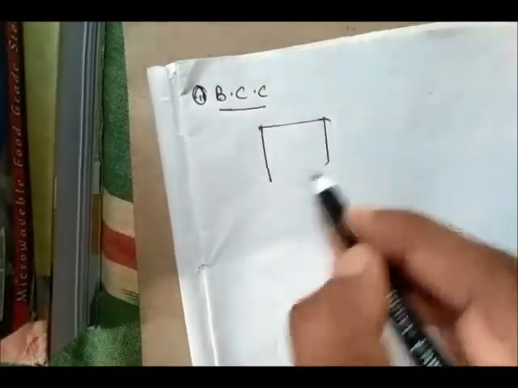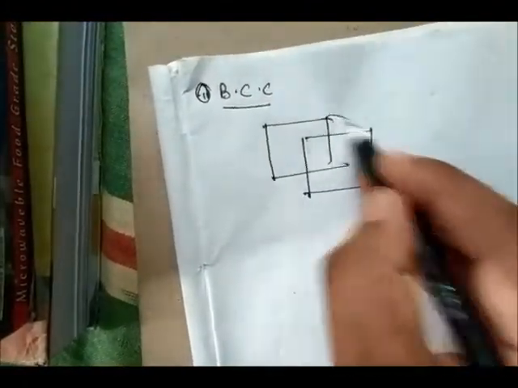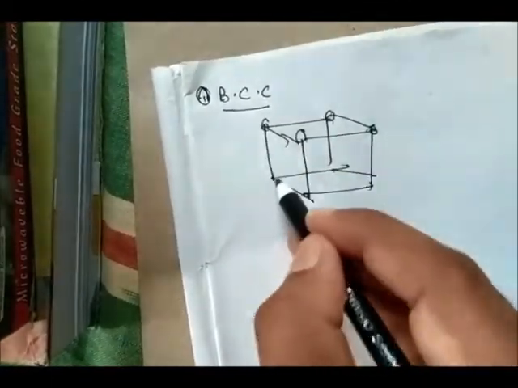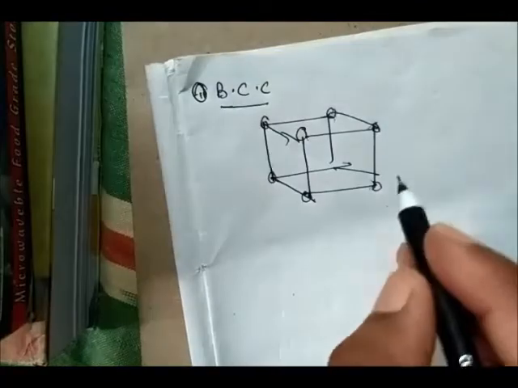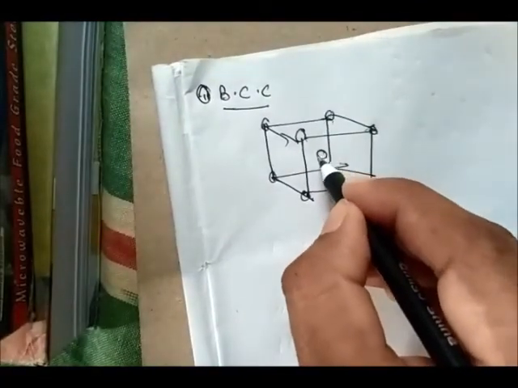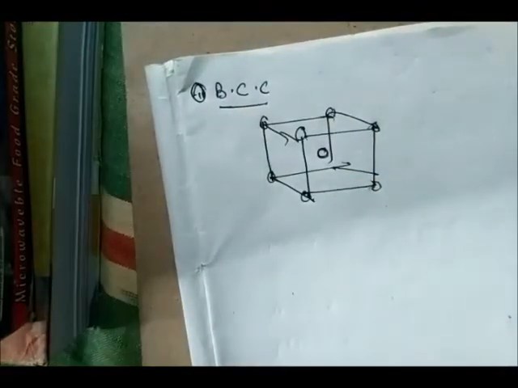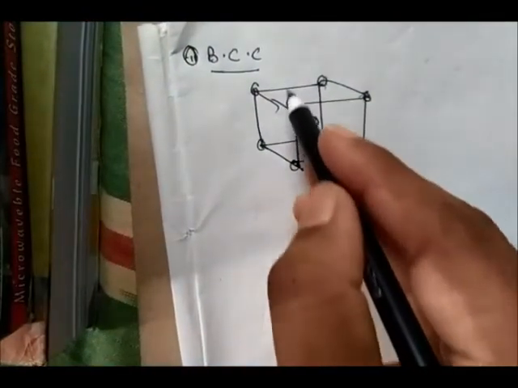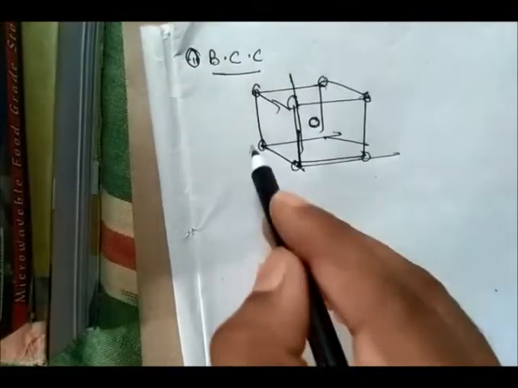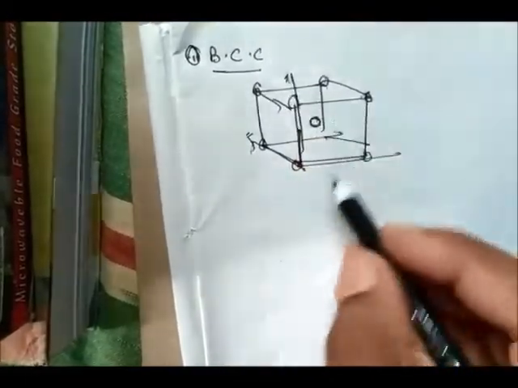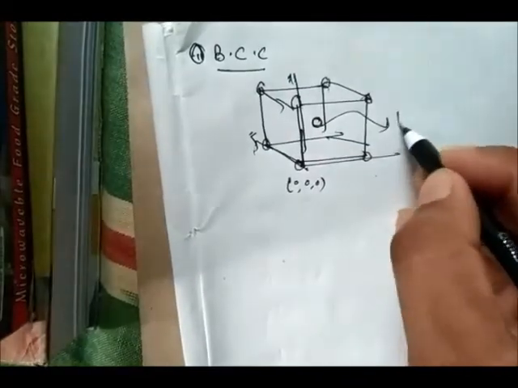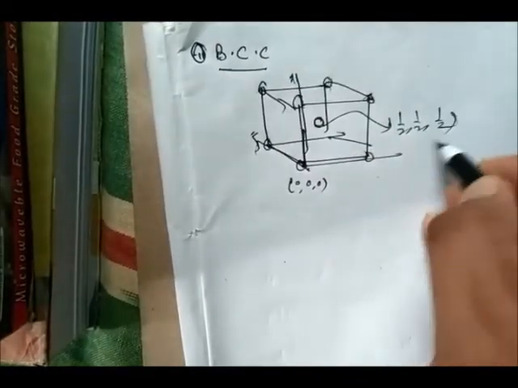A cubic system where all corners contain some atom, and there exists another atom at the center of this cube. Looking at this picture, if you choose any coordinate system here, this point is basically 0 0 0, and this point I can choose as half half half.